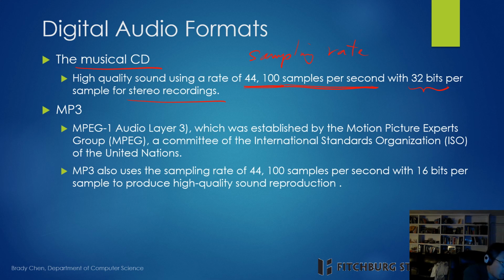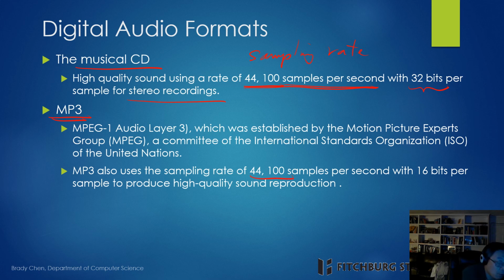Now with the MP3 music format, sometimes called MPEG-1 audio layer 3, that's why it's called MP3, we use the same sampling rate of 44,100.